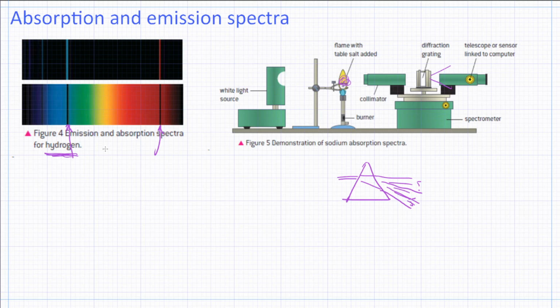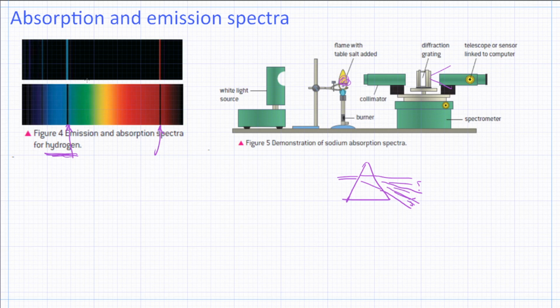So you can use this technique to detect what kind of chemical substances you have in planets, stars and galaxies far, far away, just by observing their emission spectra. And this is consistent. It's like a signature, like a fingerprint.